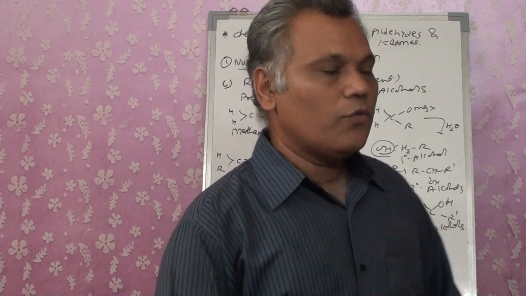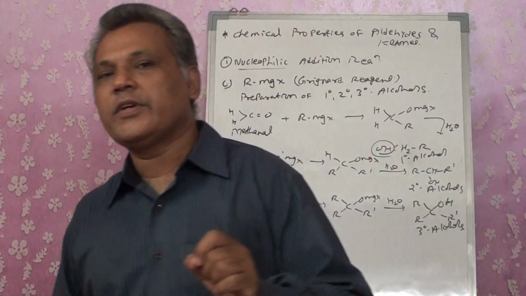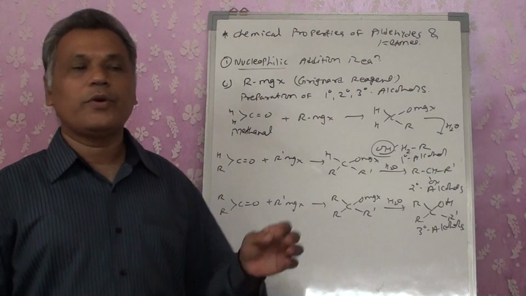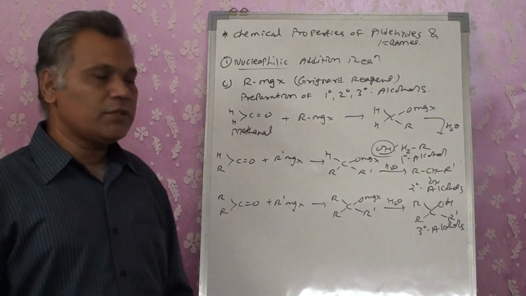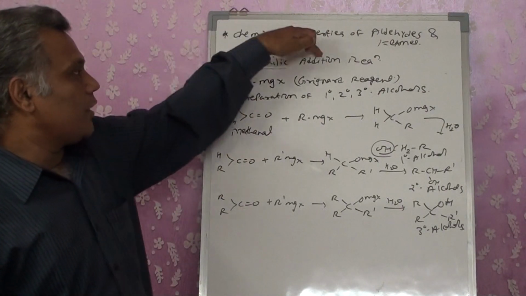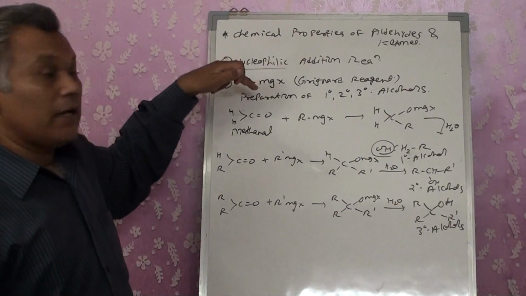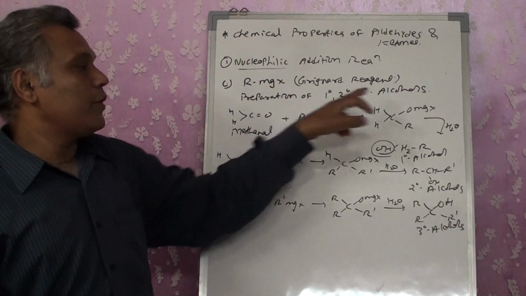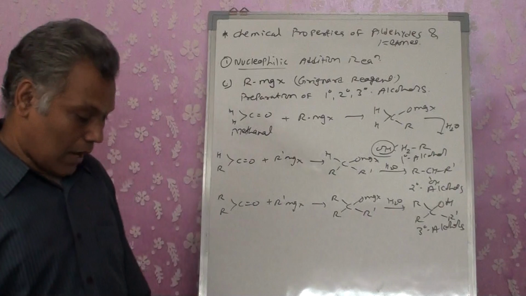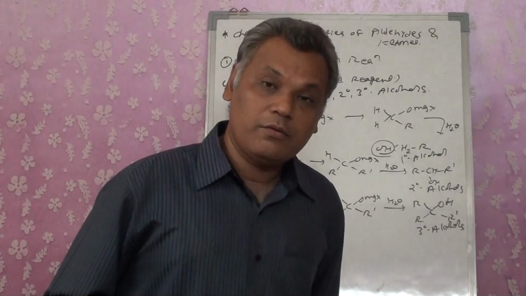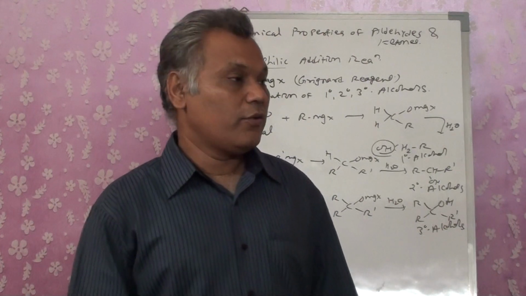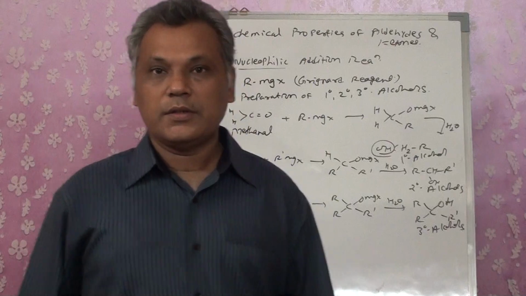For chapter number 12, they have simply indicated that this is in your previous chapter. So you can go through it. We remember this reaction as nucleophilic addition reaction for RMgX, as well as the preparation of primary, secondary or tertiary alcohol. So the same answer, but two different questions can be generated. It's necessary that you remember both conditions.